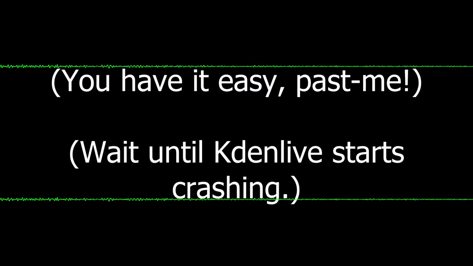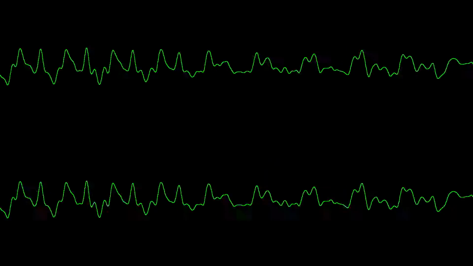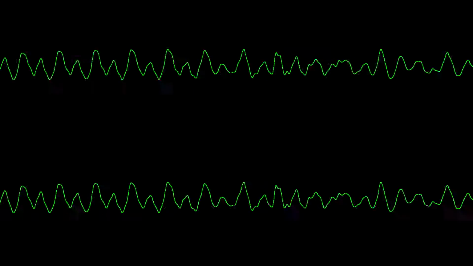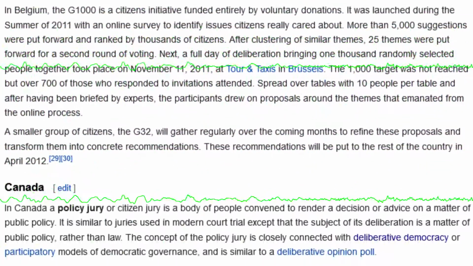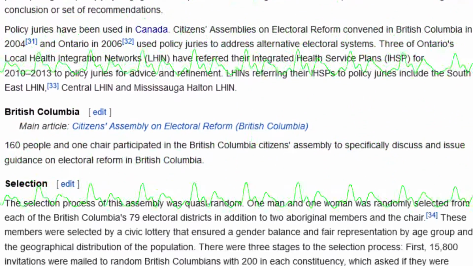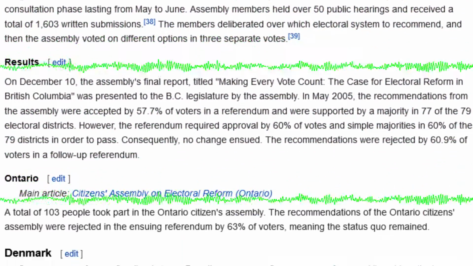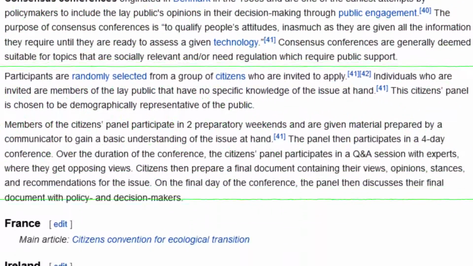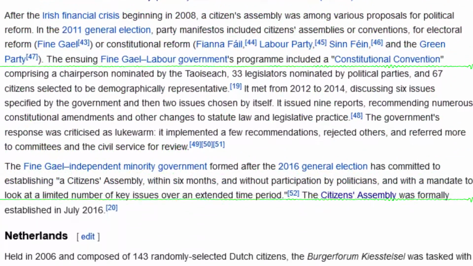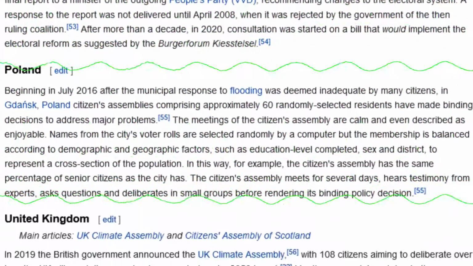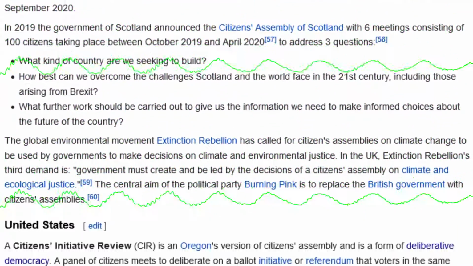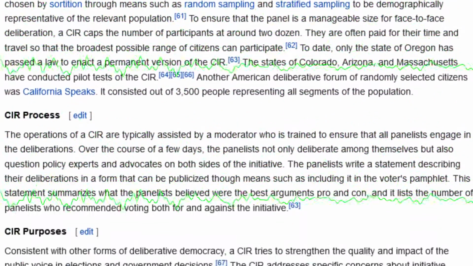I am so sorry. Regardless of which setup you use, the thing about citizens' assemblies is that they are very well tested, or at least much more so than either open democracy or direct representation. There is a whole slew of past citizens' assemblies used by actual governments, some in advisory capacities, others more officially.